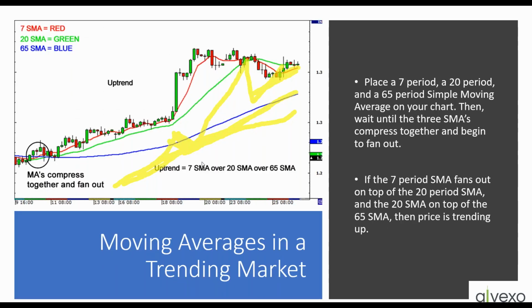Now, one of the easiest ways or best ways, and I'm going to show you this in an active screen, is simply moving averages. We can use a multiple moving average and watch for the moving averages to fan out from each other to tell us whether we actually have an existing trend. So when we use a shorter term and a longer term moving average, when the shorter term fans out from the longer term, that tells us the market is trending.